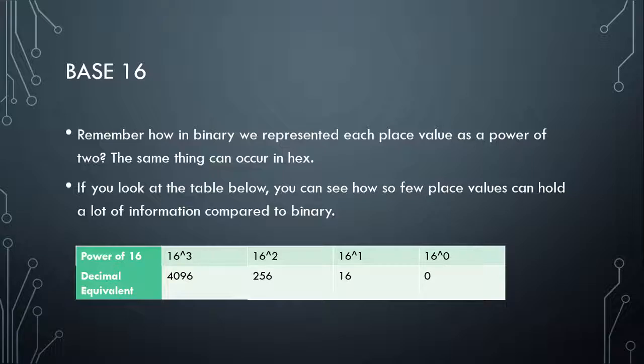So with just 3 place values of hex, I'm going up to a place value equivalent in decimal of 4096. That is huge. So you can see base 16 can contain a ton of information compared to decimal, and it just destroys binary in how condensed it is. So this is just yet another reason why hex is very much preferred.